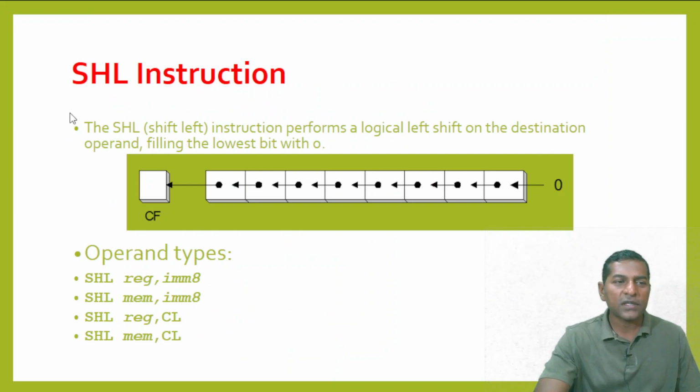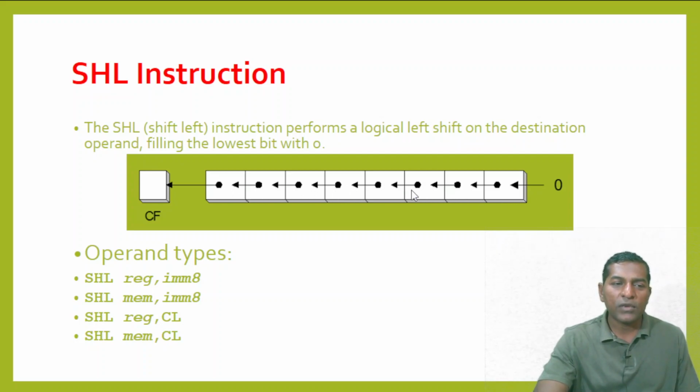The first instruction is the SHL instruction. This SHL instruction performs a logical left shift on the destination operand, filling the lowest bit with 0. Whenever we shift, the shift will be in the left direction as it is defined.